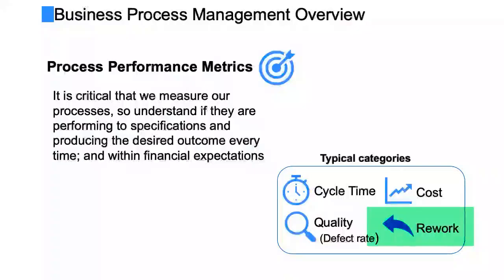So I've got all that wasted time, my time, maybe system operation time. Maybe I need new materials. In manufacturing, I might have to scrap materials and start over. That's costly. So there's a cost to rework, and we want to measure it and then find out why there is rework, and then go upstream and eliminate that root cause.